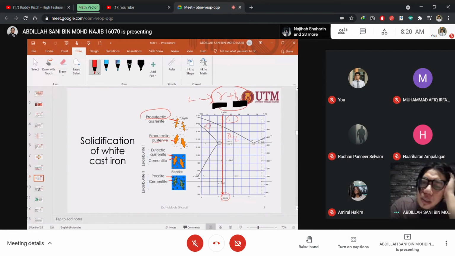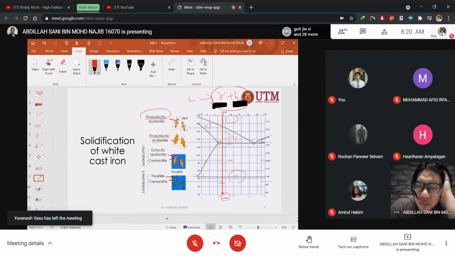So this is the eutectoid line, 727, that we have been dealing with so far. We have been dealing with the austenite for quite some time.